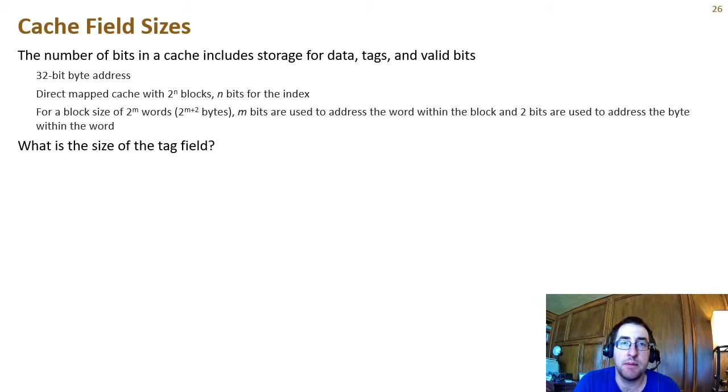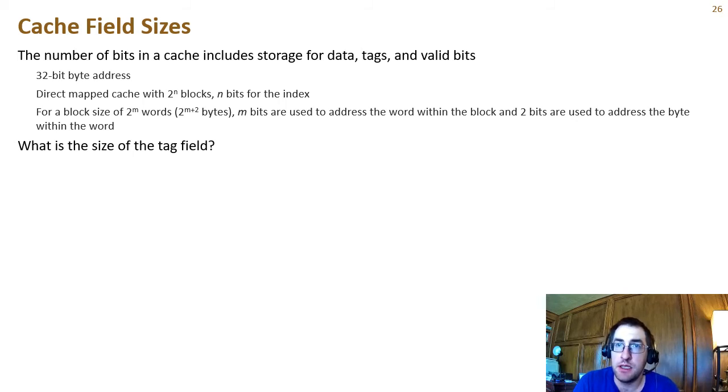So let's take an example of a 32-bit byte address. We changed our terminology here. We're going to have a direct mapped cache with 2 to the n blocks, so we'll use n bits for the index. Block size of 2 to the m words, where we'll assume a word is 4 bytes here. So we have 2 to the m plus 2 bytes in the block.